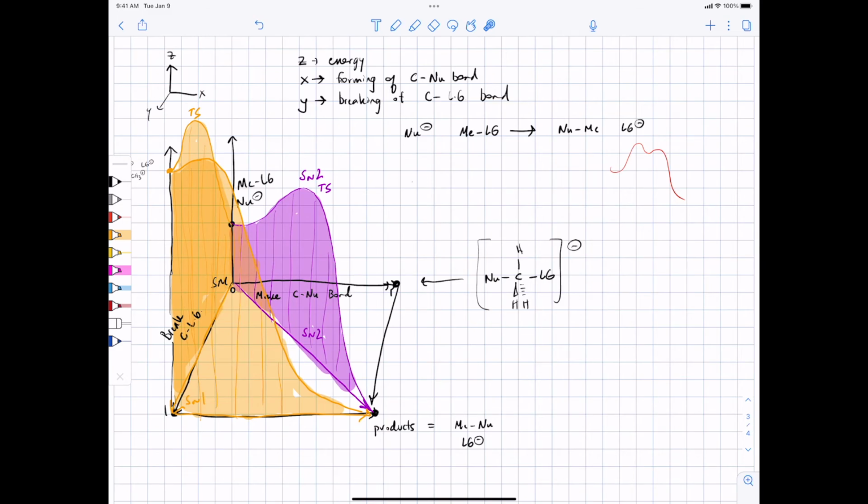All right, so you see what we've got is two different alternative trajectories. And why aren't we worrying about this corner? We're not concerned with that because that's not even going to be a saddle point. That's going to be a peak. Carbon is too small for pentacoordinate species to be very stable.